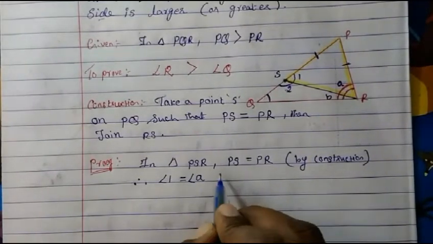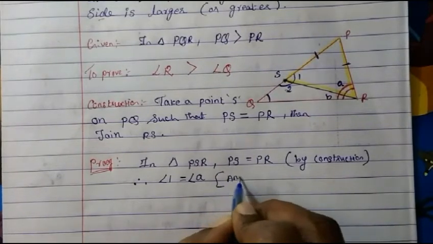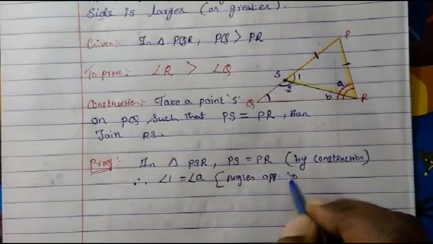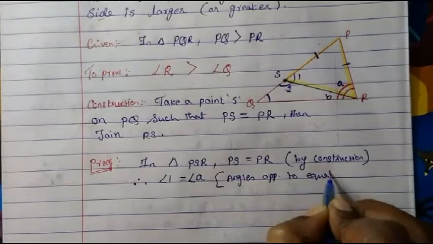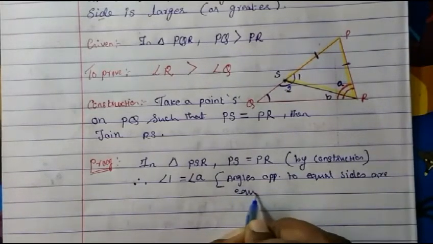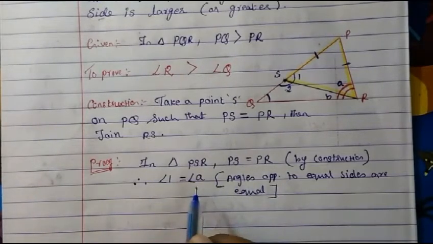What is the reason? We said angles opposite to equal sides are equal. That is the reason why angle 1 is equal to angle A.